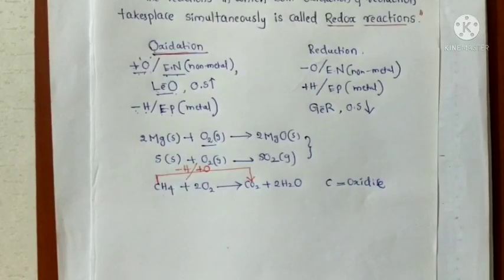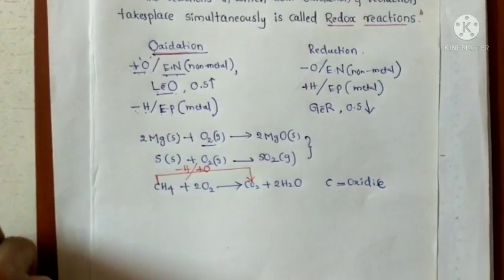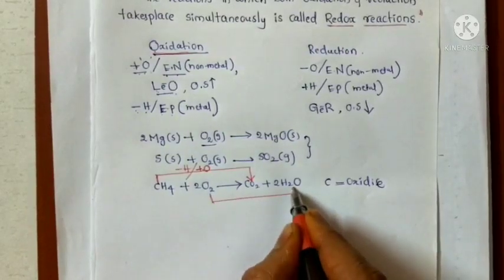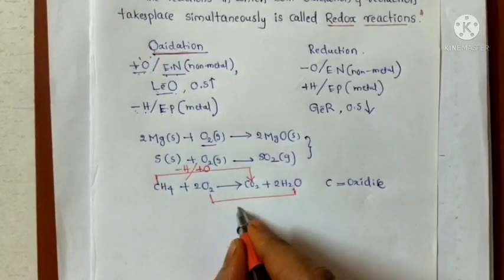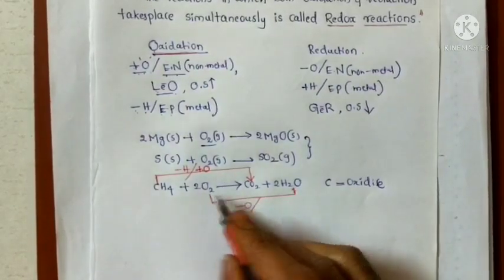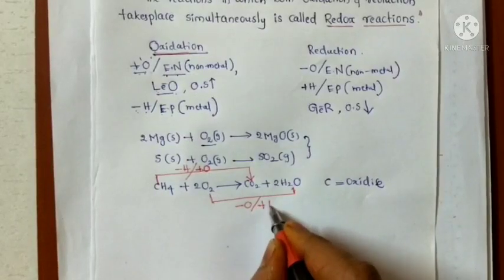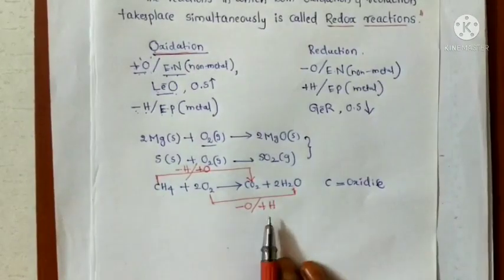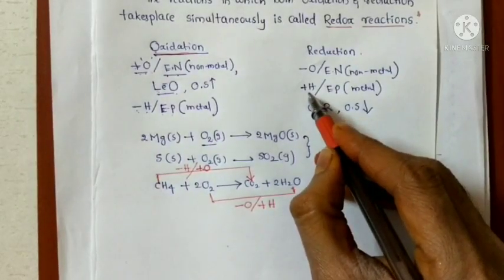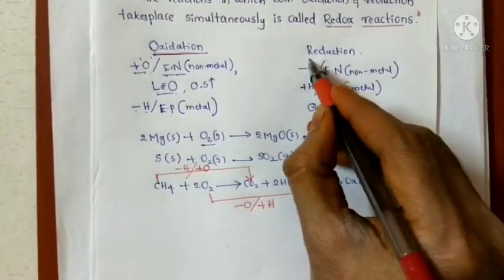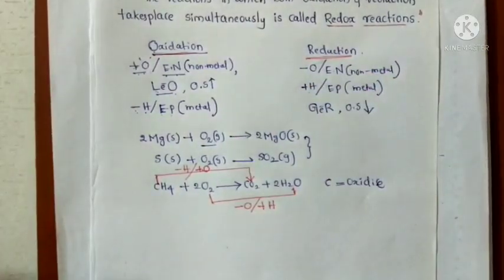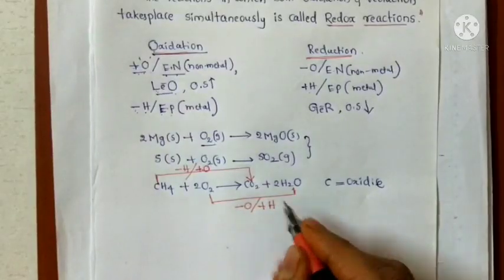Next, if you see the oxygen, what happened here? Here removing of oxygen and addition of hydrogen, nothing but addition of hydrogen. So addition of hydrogen and removing of oxygen is reduction.